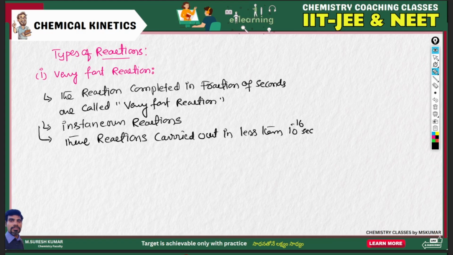What kind of reactions are examples of very fast reactions? See, for example, ionic reactions. Ionic reactions are examples of very fast reactions.